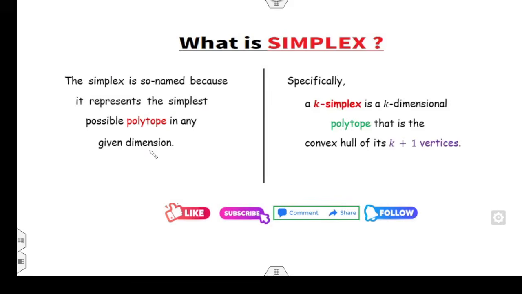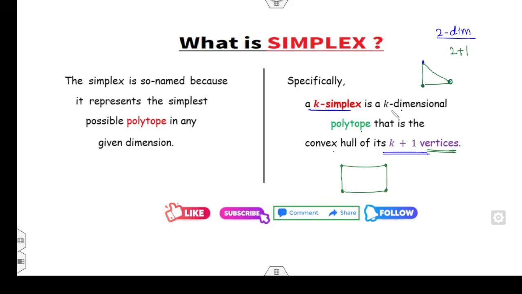In other words, the k-simplex is the k-dimensional polytope that is the convex hull of its k+1 vertices. If I talk about a triangle, you make it in 2D, so it needs 3 points. So there are 3 vertices, that is 2 + 1 vertices. Similarly, if you talk about 3D, you need 4 vertices.